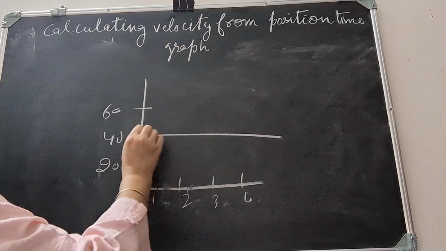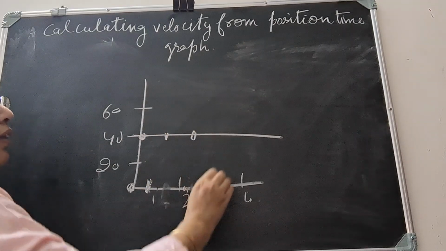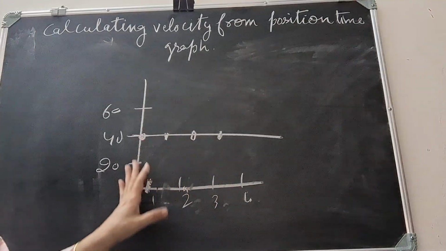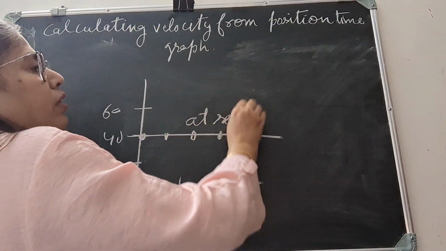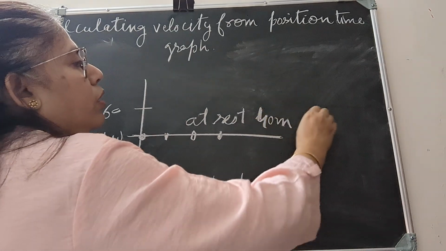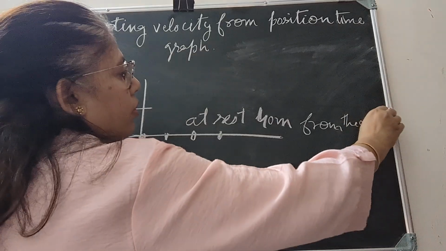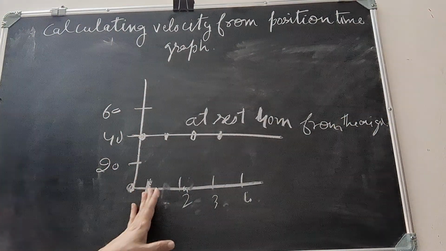At 1 second it is again at 40 meters, and at second 2 and 3 again. So the object is not moving. Here the object is at rest, 40 meters from the origin.